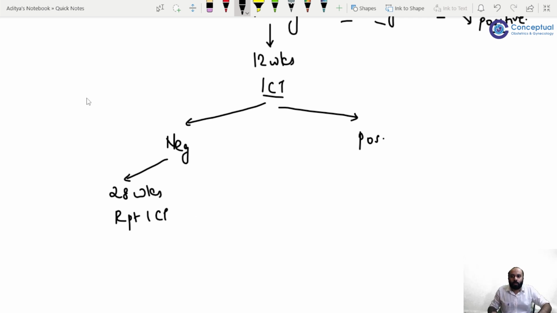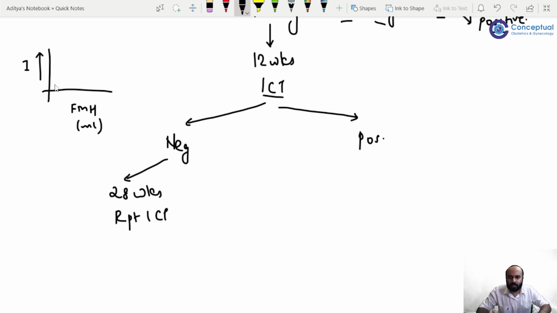Now you would ask me why do I need to repeat it at 28 weeks of gestation. There is a chart, a curve given in Williams which shows, if I take these two axes, on this axis there is incidence, and on this axis is the amount of feto-maternal hemorrhage in ml, milliliter.